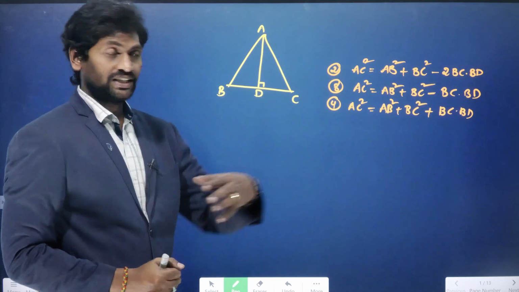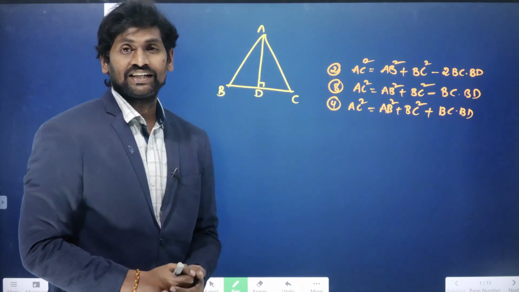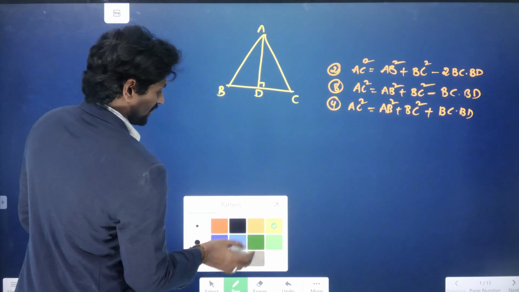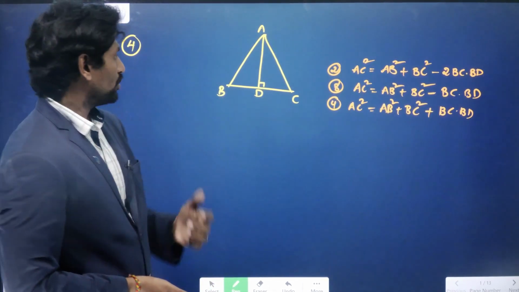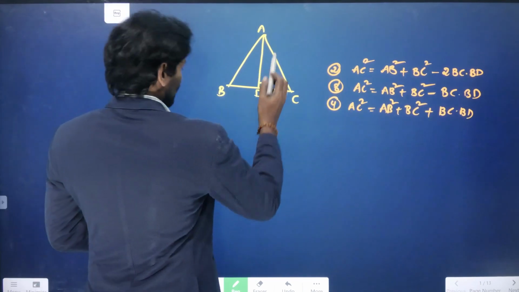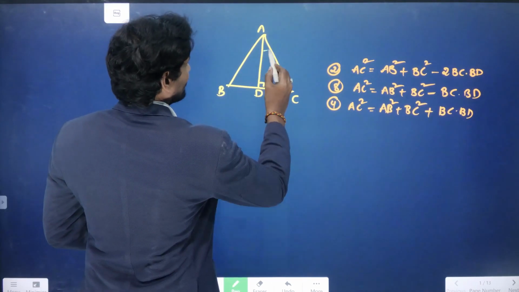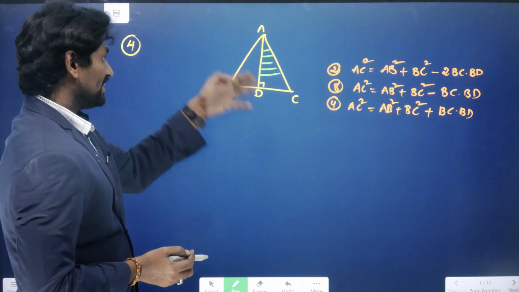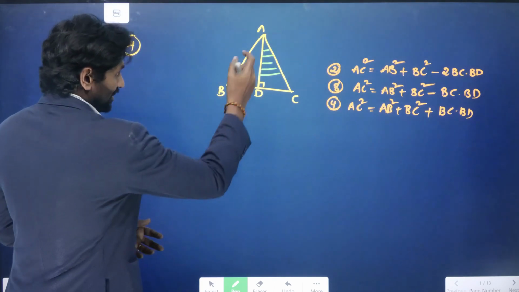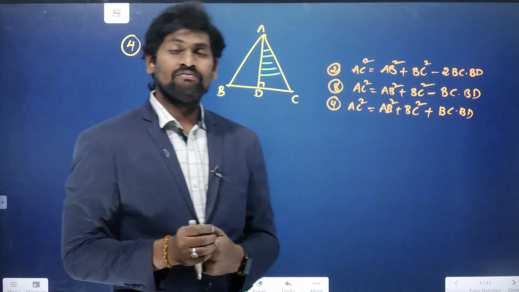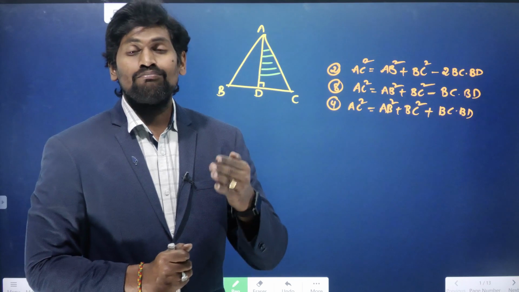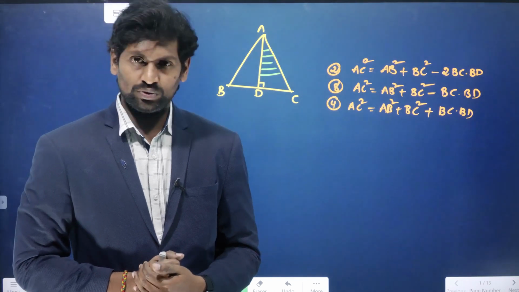Let us check which one is exactly suitable for our required answer. I am taking the right angle triangle ADC and applying the Pythagoras theorem, which is nothing but hypotenuse square equals the sum of the squares of the remaining two sides.